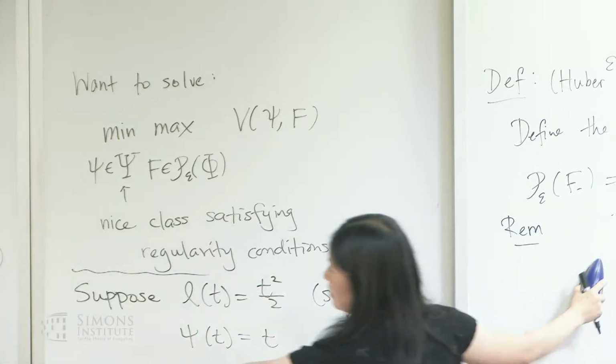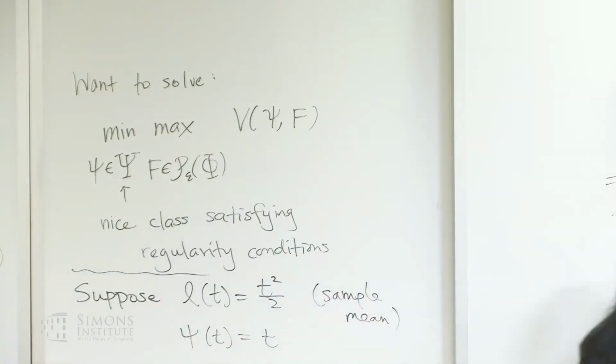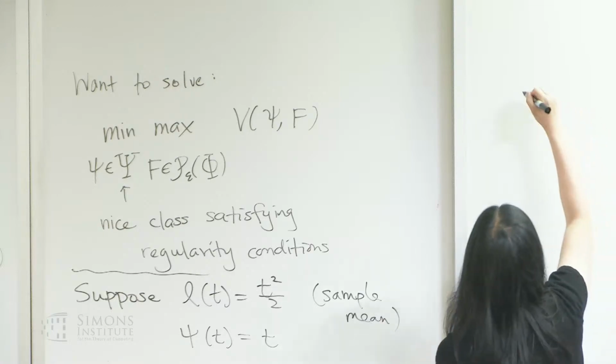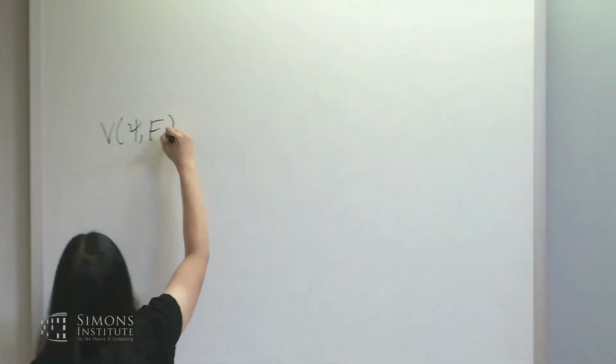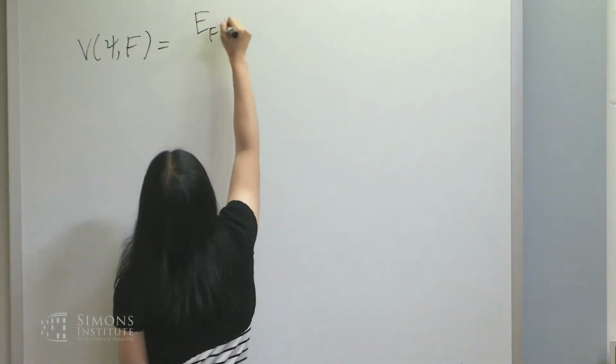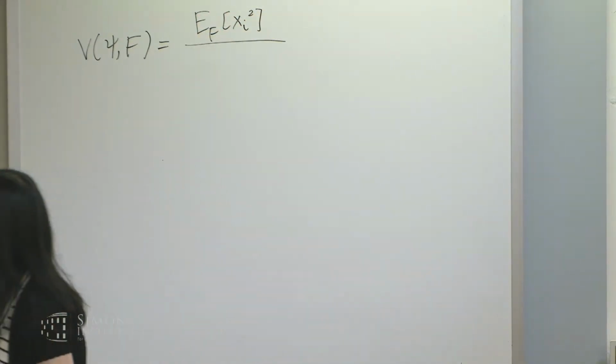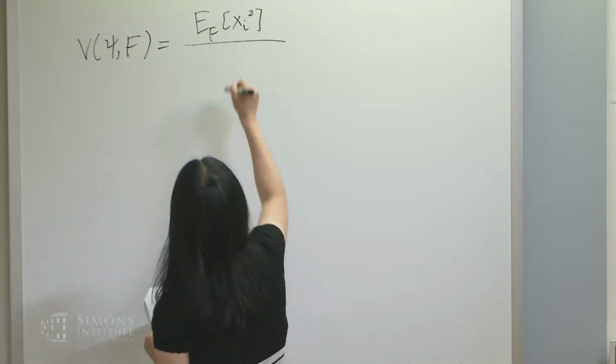So this formula here allows us to evaluate what the asymptotic variance looks like. In this case, V of psi, f should be equal to the expectation under f of xi squared on the top, and psi prime is just 1, so on the bottom is just 1.